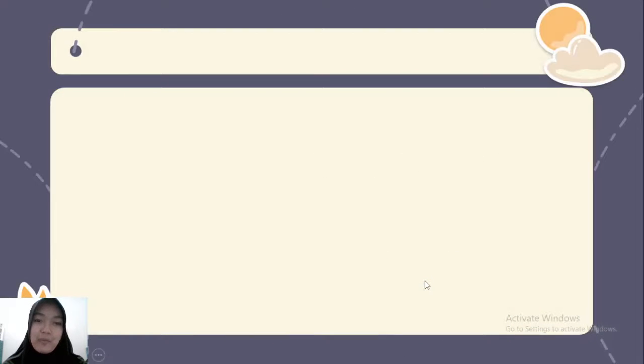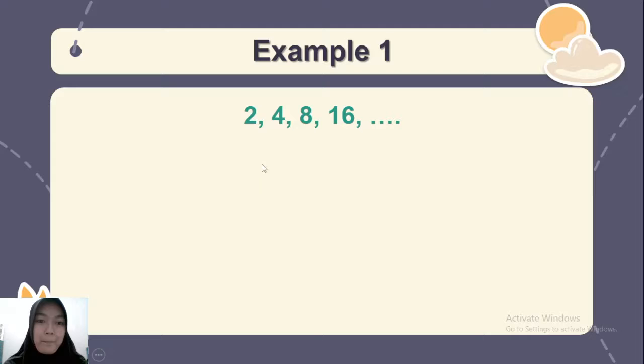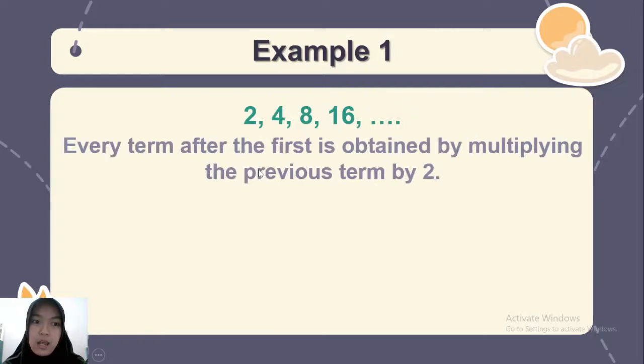Let's study the previous example. 2, 4, 8, 16, and so on. Every term after the first is obtained by multiplying the previous term by 2.